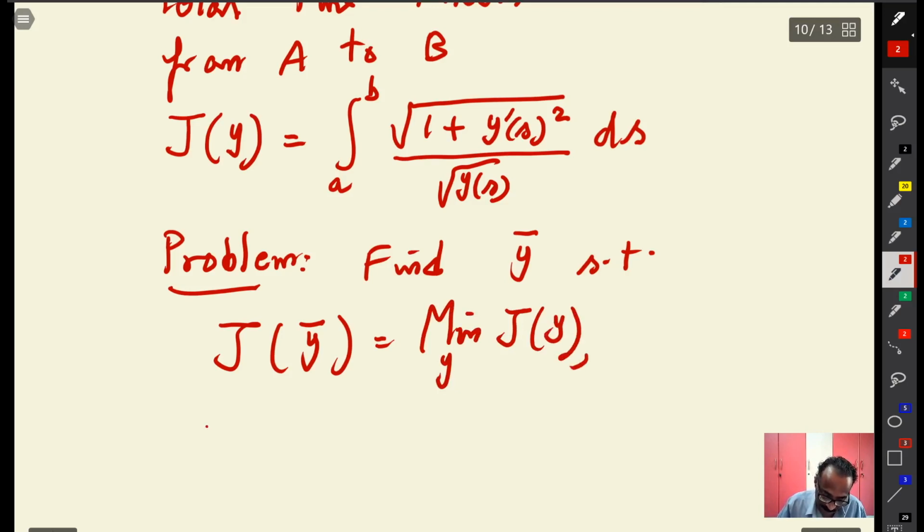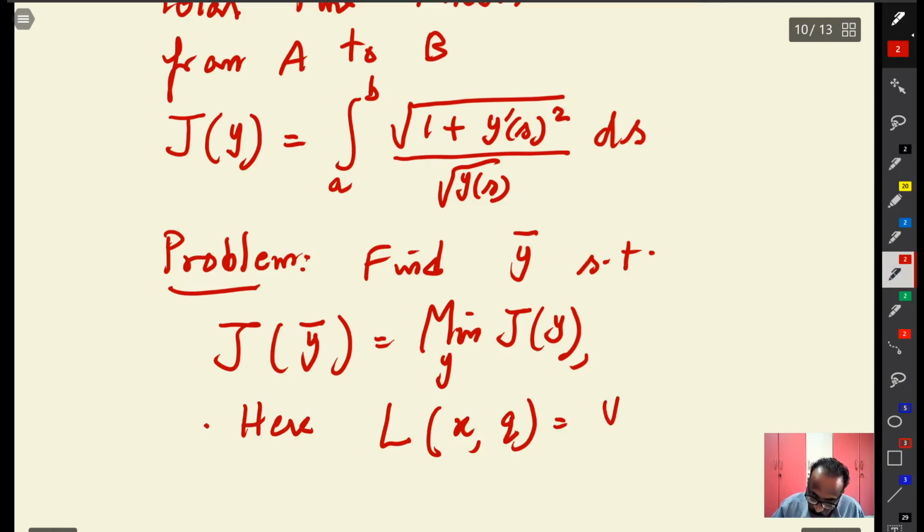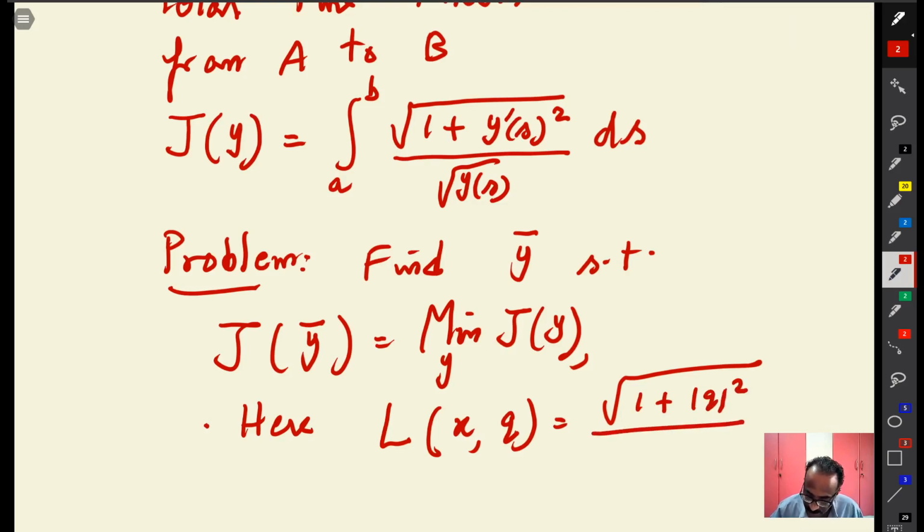And what is your L(x, q)? Your L(x, q) is nothing but the square root of 1 plus |q|^2, divided by, it's a one dimension thing, the square root of |x|. Okay. The distance y is taken to be in the positive direction. So you have your x. So you see.